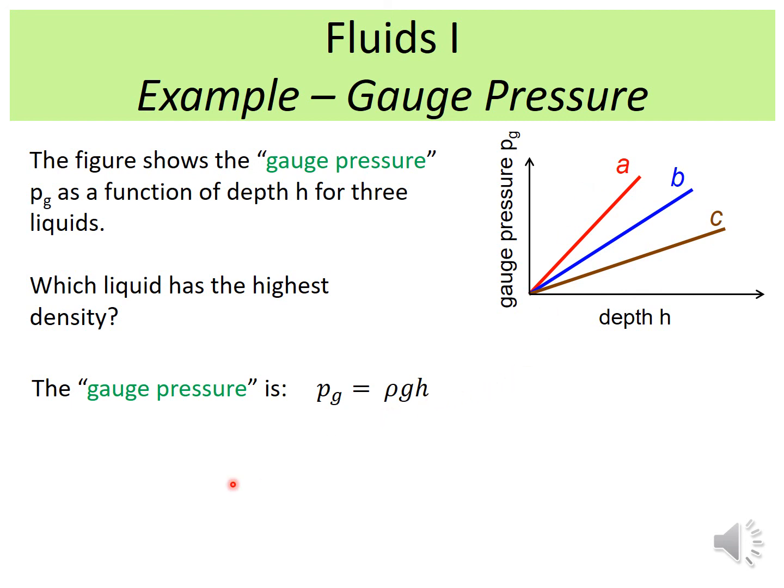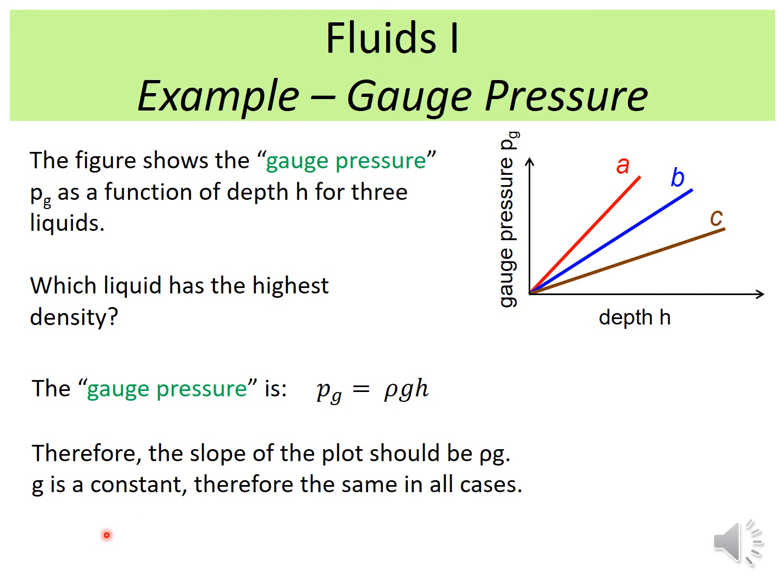So I need to see what the slope is, and the slope of these three curves is of course rho times G. G is a constant, so it doesn't tell us anything, and therefore the density is directly proportional to the slope of these three liquids.